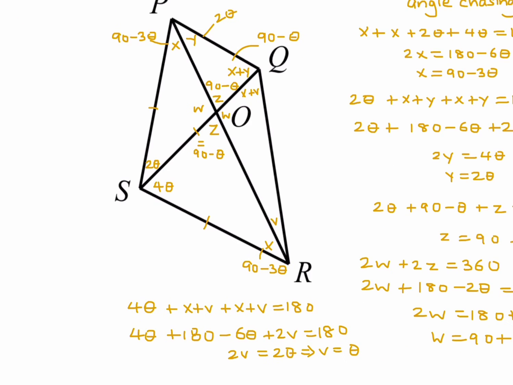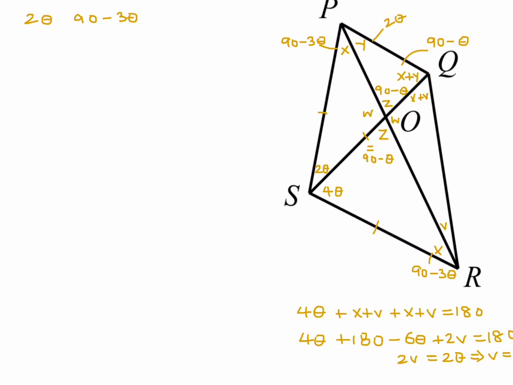And what was w? W was 90 plus theta. All right, 90 plus theta. And then in this triangle here, I have 4 theta, x, which was 90 minus 3 theta, and z, which is 90 minus theta.